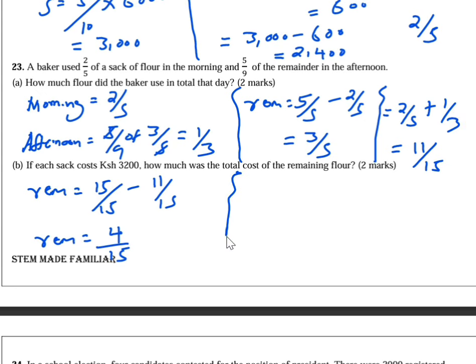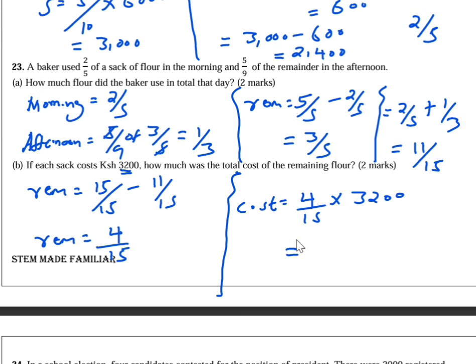Now we need to get the costs. So we continue on the other side. If each sack cost 3,200 shillings, how much was the total cost of the remaining flour? So we want to get the cost. Remember, the remainder is 4/15 of a sack, and one sack is 3,200. So the cost is 4/15 times 3,200.